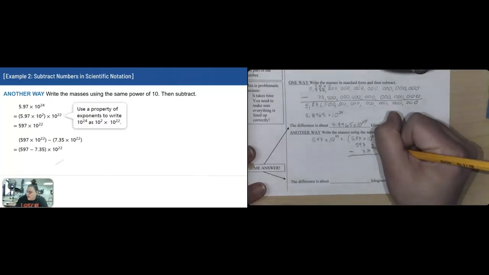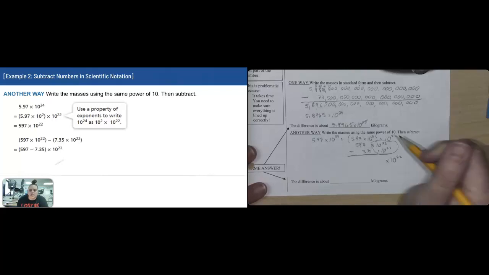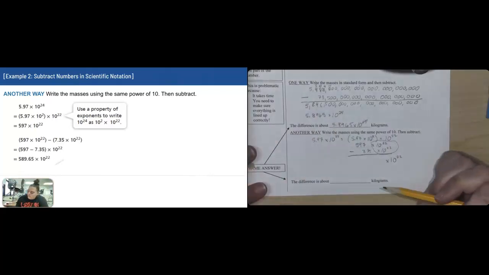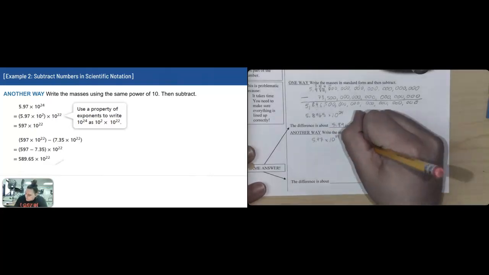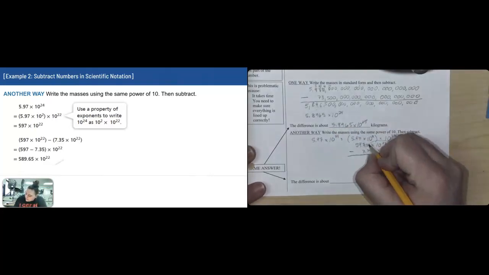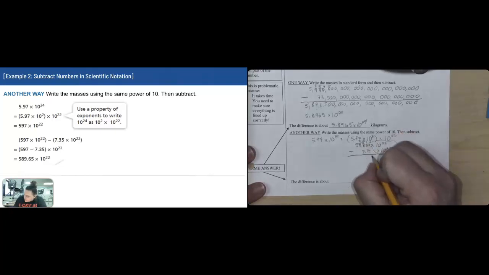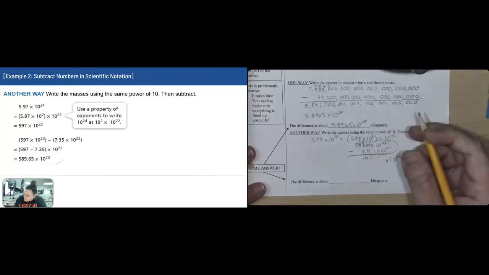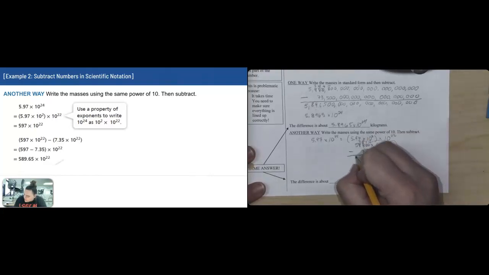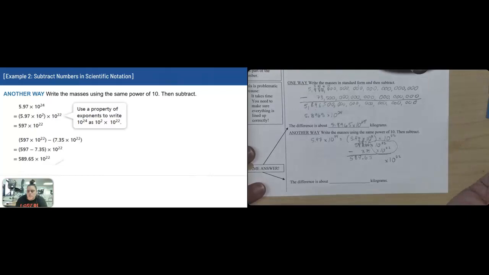I'm not actually subtracting this. This gets factored down into my answer. And when I subtract, I give it 0.00 to help with my place values of subtracting. And I get 56.985, just like they do, times 10 to the 22nd.